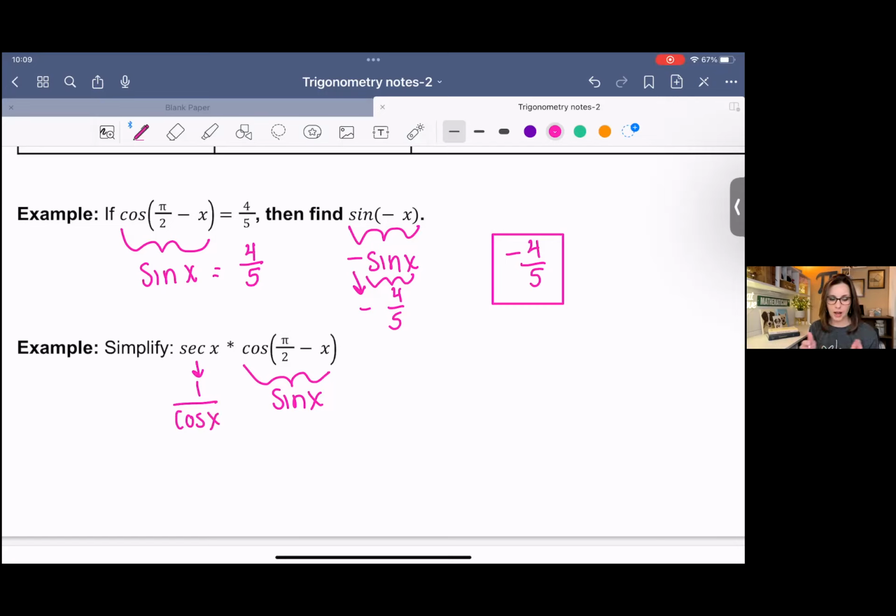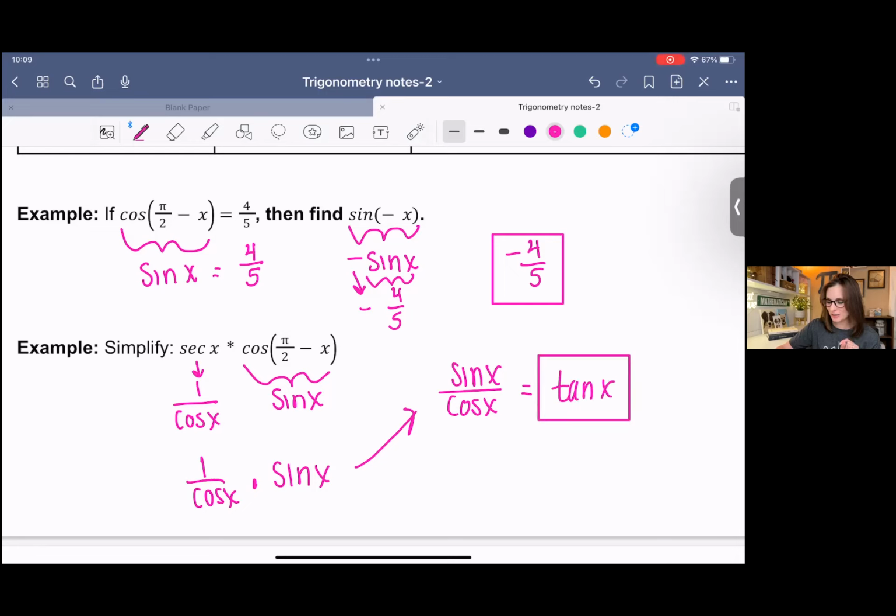So what I really have is 1 over cosine x times sine x. If I do a little bit of simplifying here, and I multiply these components, I end up with sine x over cosine x, which is what? Tangent x. Look at all those identities we used.